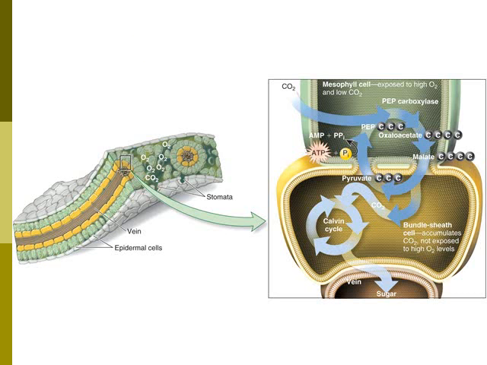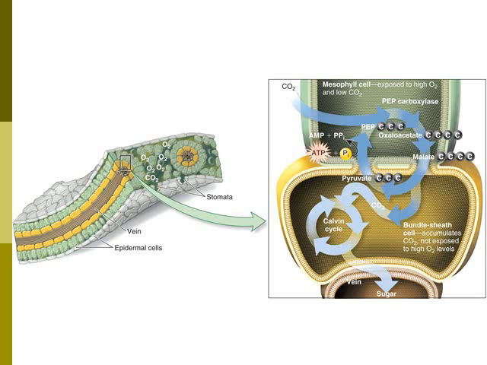So here we have the C4 process shown in this diagram. We have our 2 different types of cells. If you look on the diagram on the right hand side, the green cell is the mesophyll cell. This is where our carbon dioxide is going to enter. It's going to be attached to a PEP molecule to create our oxaloacetate, our 4-carbon molecule.